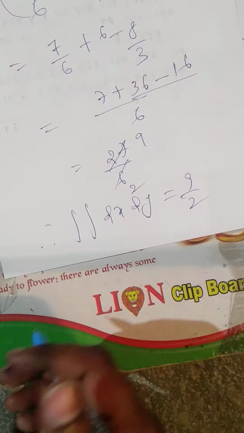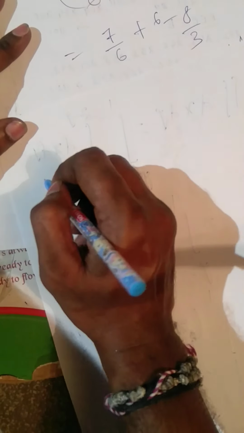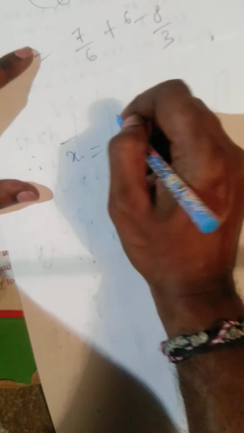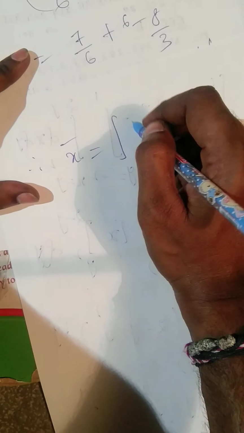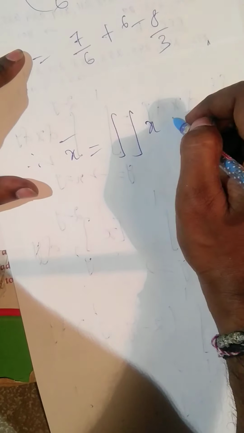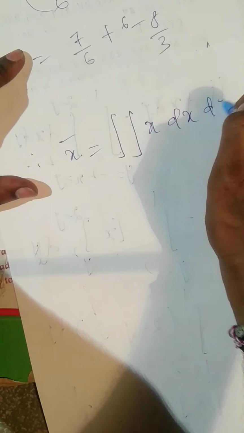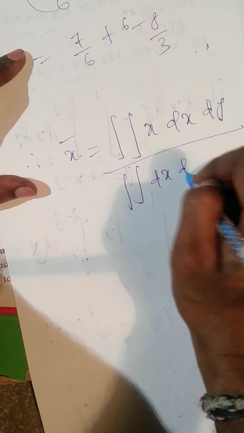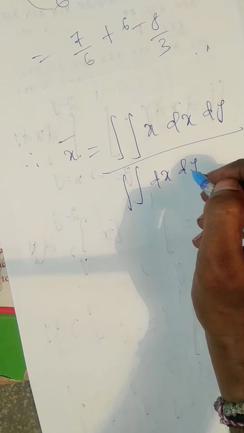So we got 3 results, right? Therefore the center of gravity G of x bar comma y bar is given by x bar equals what? First x bar equals double integral x dx dy by double integral dx dy. What's the value we got?